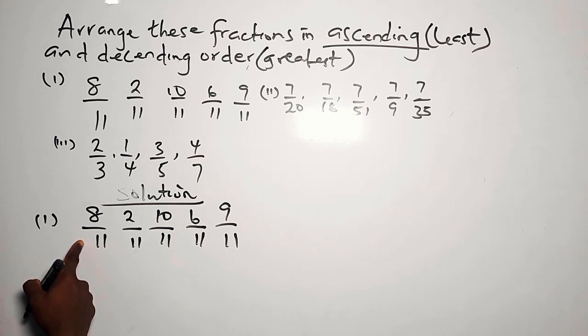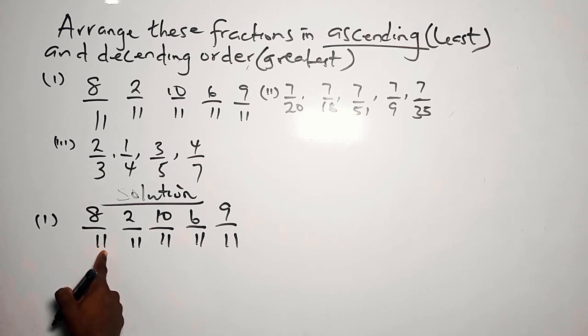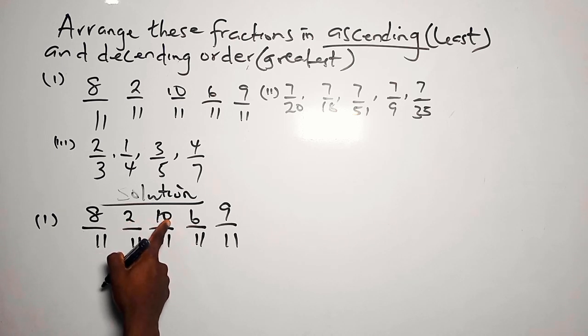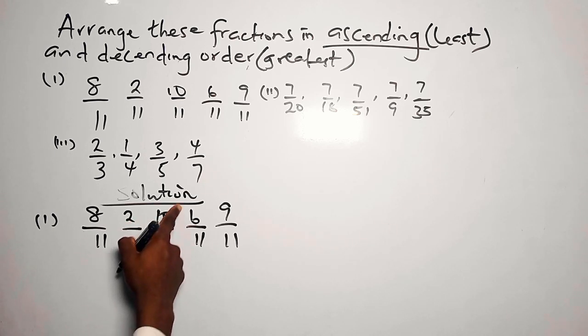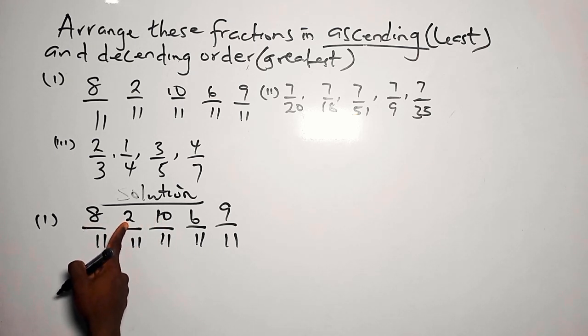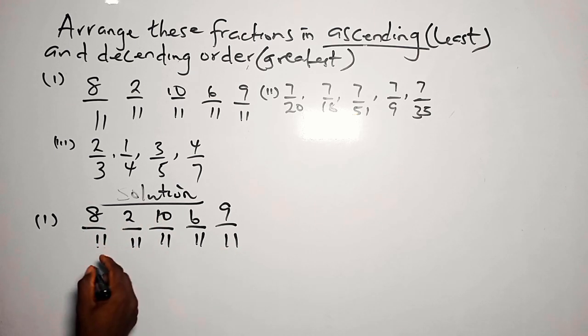When we are arranging fractions with the same denominator, the highest numerator will always be the biggest one. Starting with the ascending order, we start with the smallest, which is 2, because we have the same denominator, so it's easy.